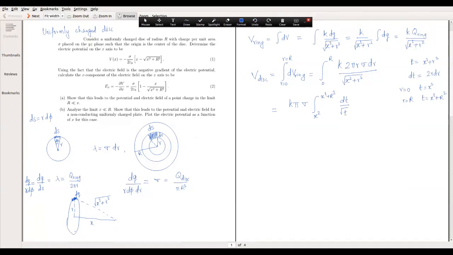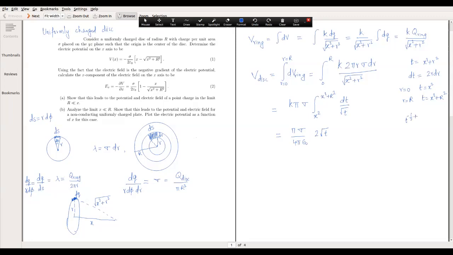The integral of this is 2 times square root of t, so let me write this as pi times sigma divided by 4 pi epsilon naught, because k is 1 over 4 pi epsilon naught. The integral of 1 over square root of t is 2 times square root of t, because 1 over square root of t is t raised to minus half.